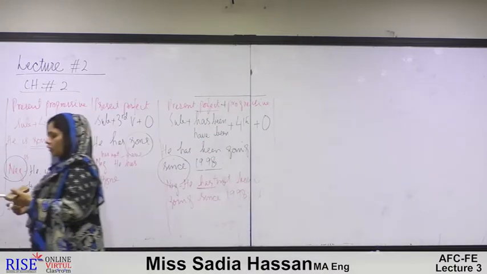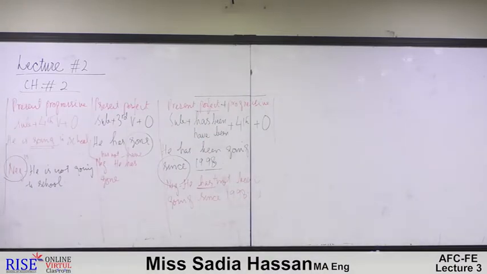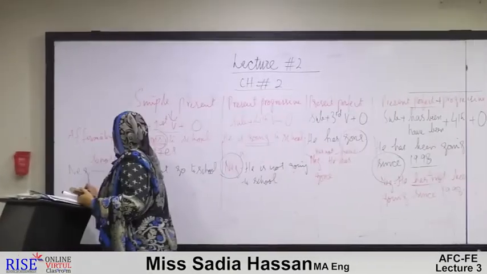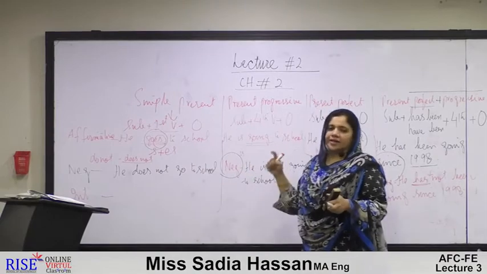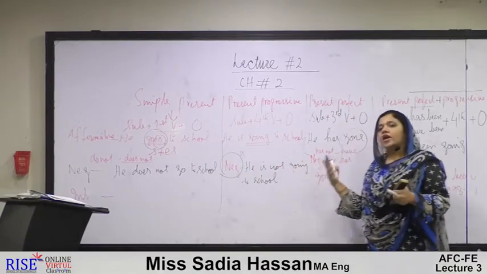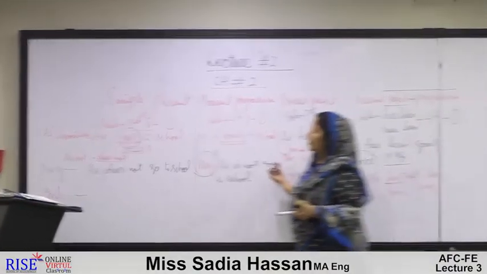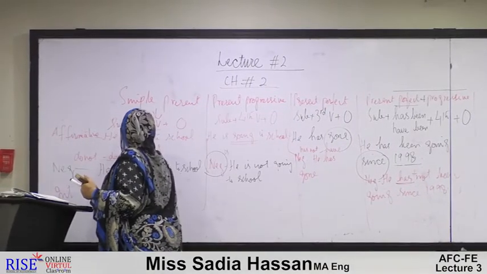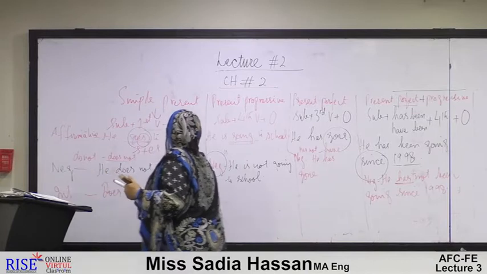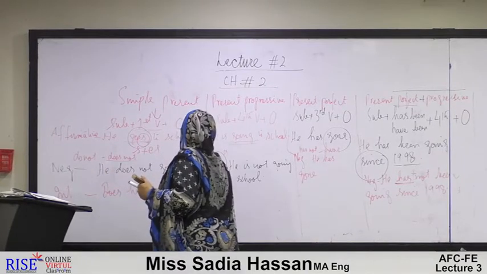Now we move on to interrogative sentences. What change are we going to make in the sentence if we are going to construct interrogative sentences? Actually, we are supposed to find out: does he go to school?